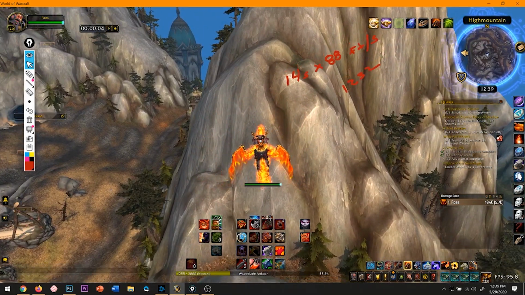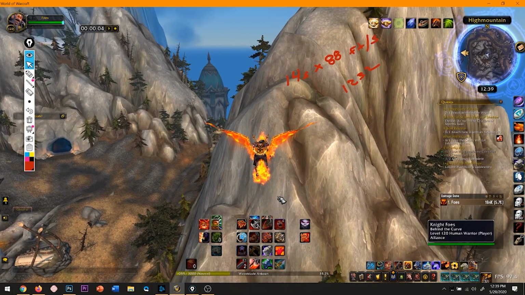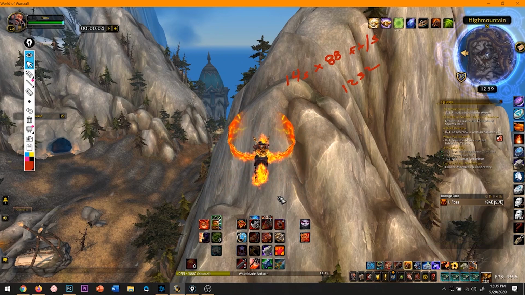Okay, so that took us, we look down, right over the top. So that was 4 seconds. So 4 times 88 is 352 feet.